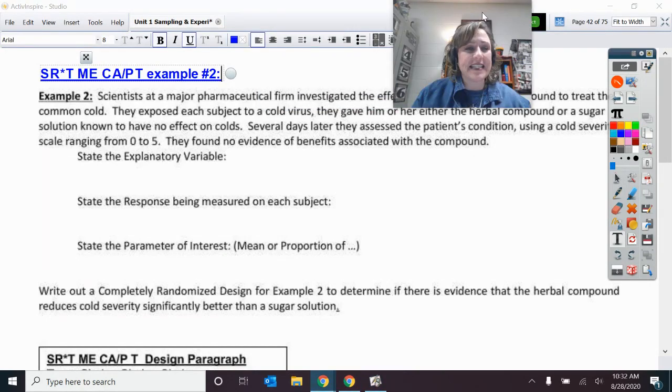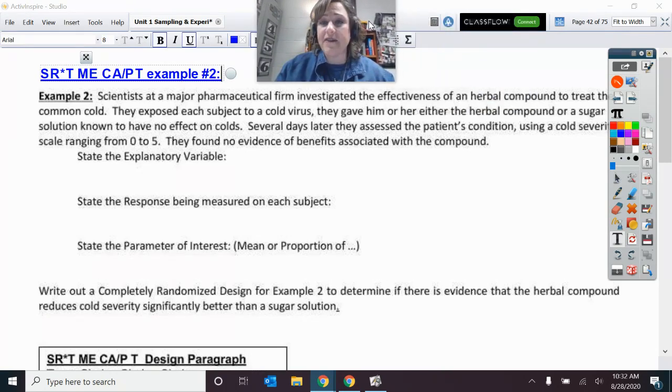Here we had the scientists at a major pharmaceutical firm investigated the effectiveness of an herbal compound to treat the common cold. They exposed each subject to a cold virus. They gave him or her either the herbal compound or a sugar solution, also known as the placebo, known to have no effect on colds.